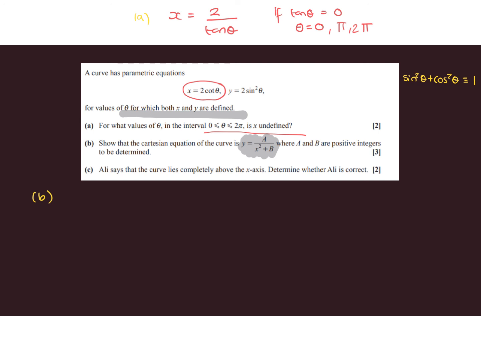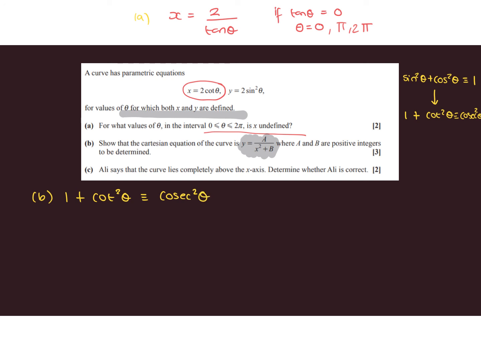So from this identity, if you divide through by sine squared theta, you get 1 plus cot squared theta is equivalent to cosec squared theta. And that's the identity that we're going to use here. So let's start with that: 1 plus cot squared theta is equivalent to cosec squared theta.